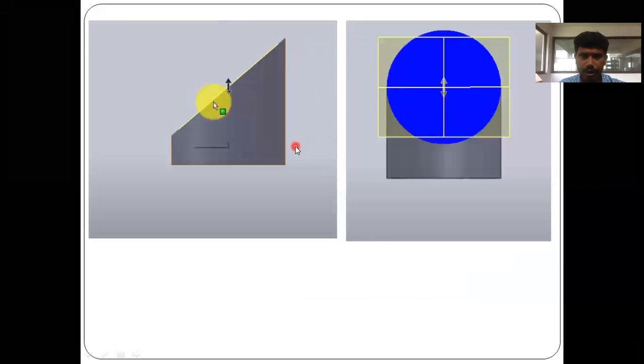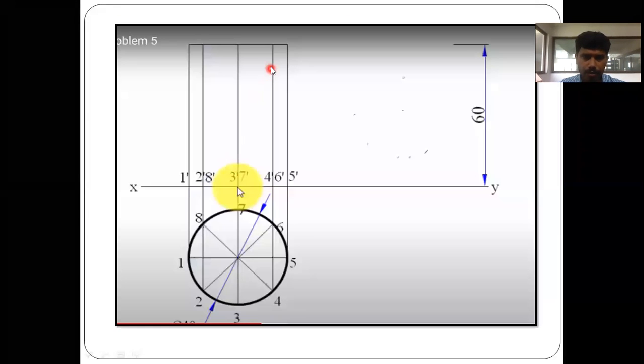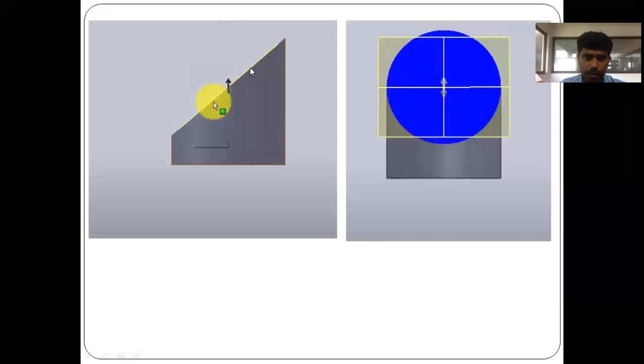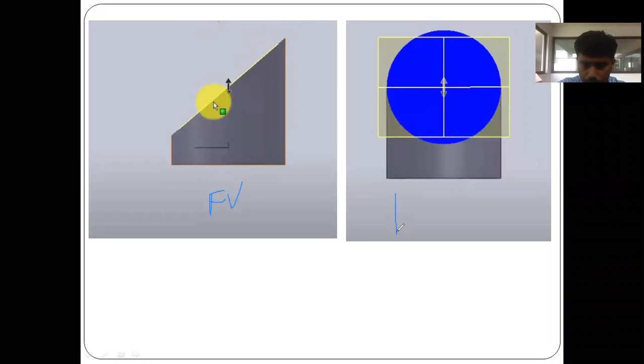This is the front view, and this is the top view. The front view will be seen as a straight line like this, and the top view will be seen as a circle.